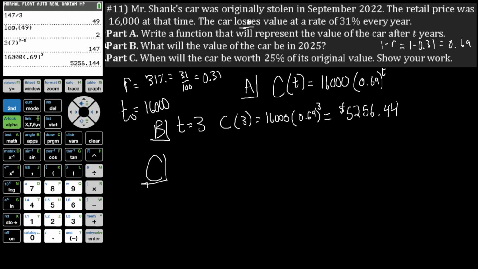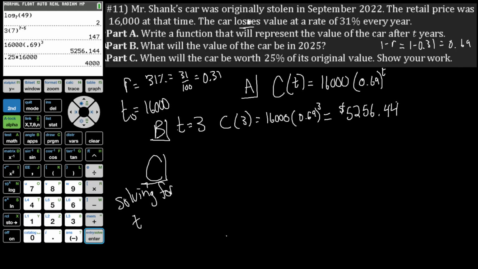So we're saying part C is this. It says when, meaning we're solving for t now. We're saying it's going to be 25% of its original value. So 25%, what does that mean? Well, I can take 0.25 times 16,000 to get 25%, and so that's going to be 4,000.